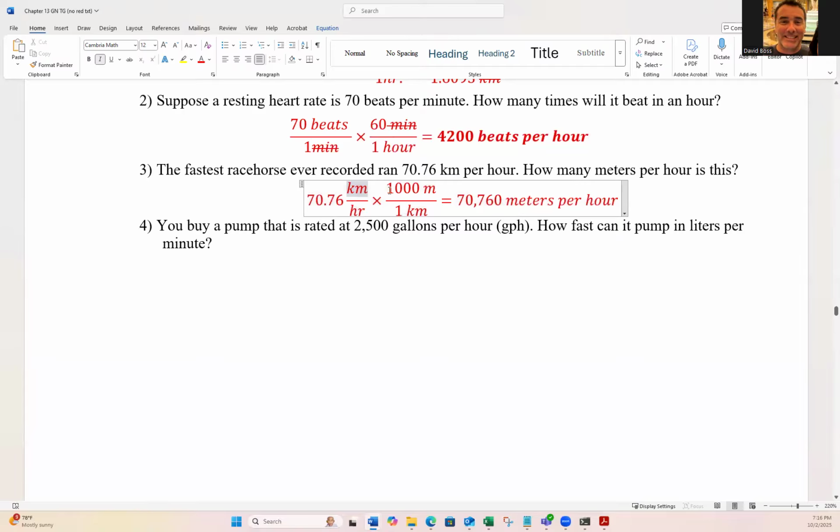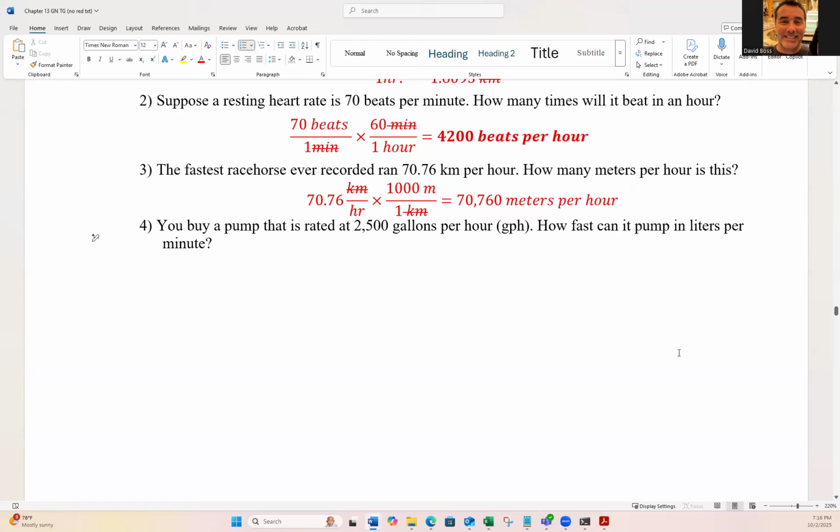All right, set it up. 1,000 meters to 1 kilometer. Kilometers cancel out. So now we have meters divided by hours. Run this through the calculator, 70,760 meters per hour.